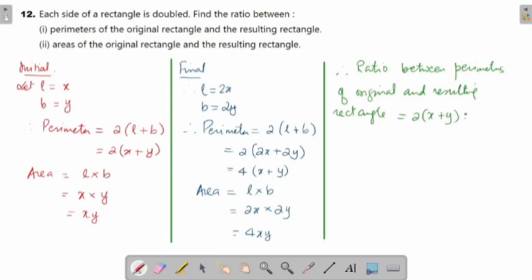Ratio means you have to write is to. Now what is the perimeter of the resulting rectangle? The perimeter is this much.